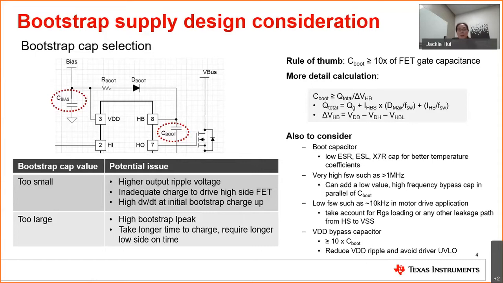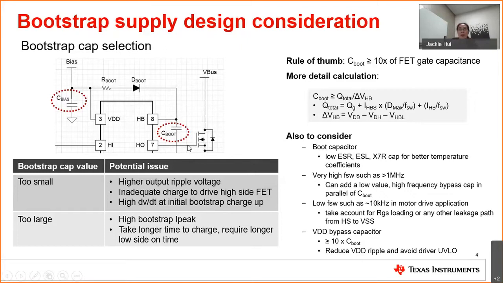In that case, you can consider adding a small cap in parallel with the boot cap, for instance, a 100 nanofarad cap in parallel, to help filter out the high frequency noise. Now, if your application frequency is slow, for example, in motor drive applications, there's another thing you need to take into account, that is if you have additional loading that will take from the boot cap.